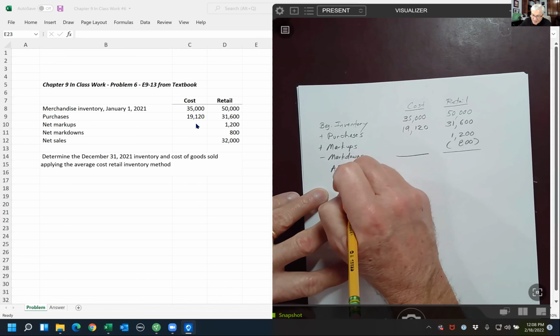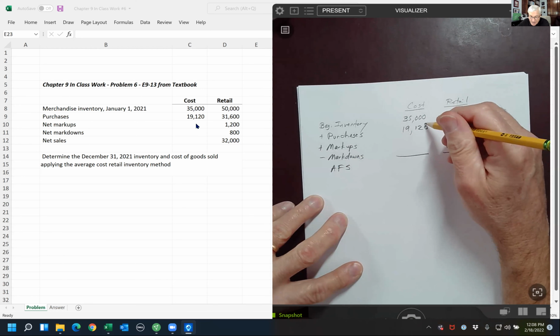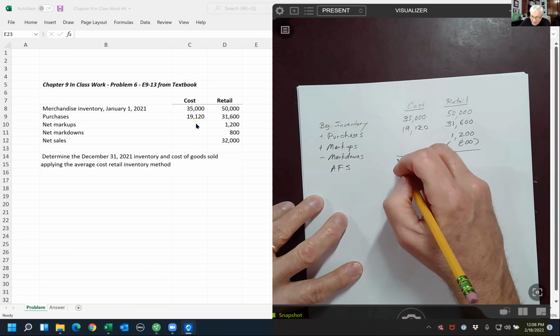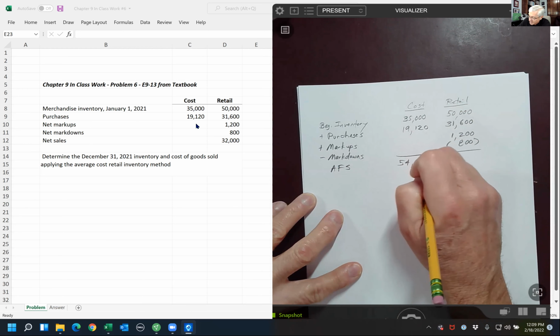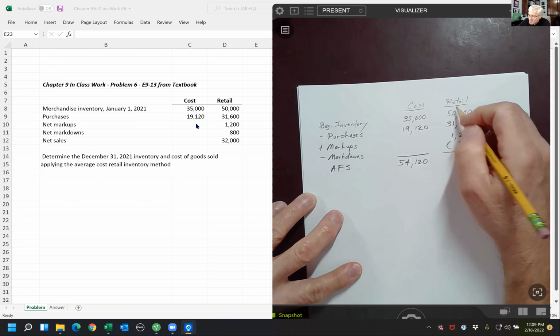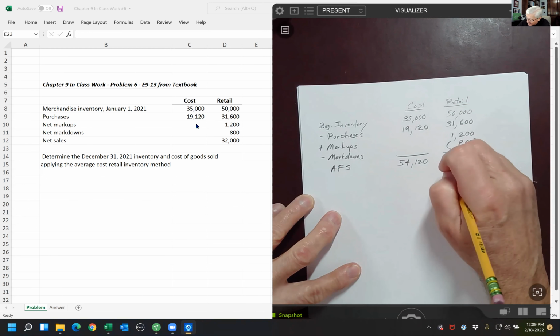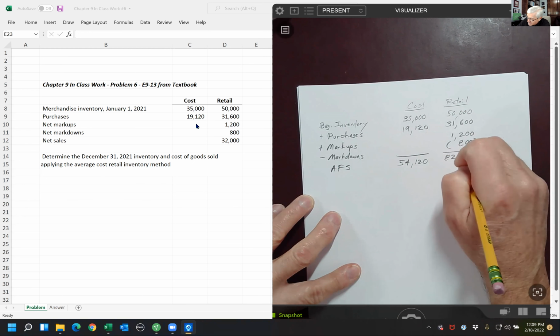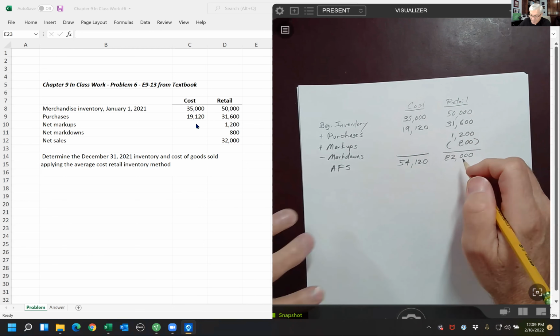This is a matter of just math here. I'm going to take 35,000 plus 19,120, and I get 54,120 at cost. This is apples to apples, but this one is the retail prices. And I add these down and I get 82,000. Yes, just check that.